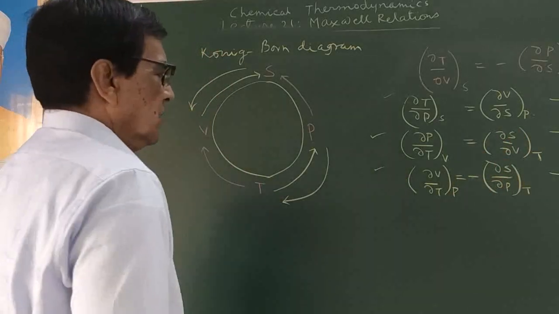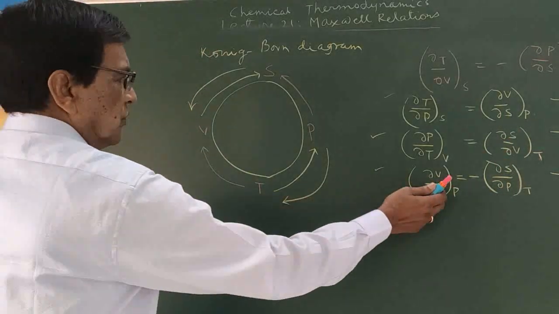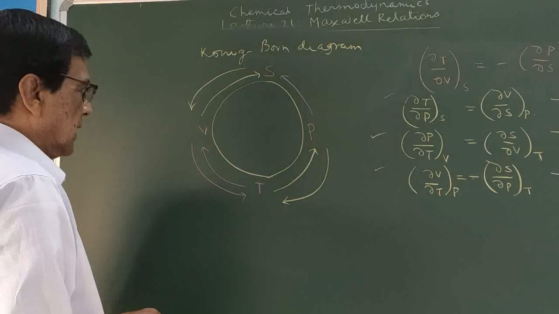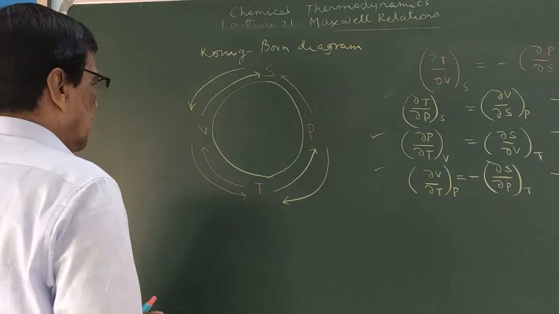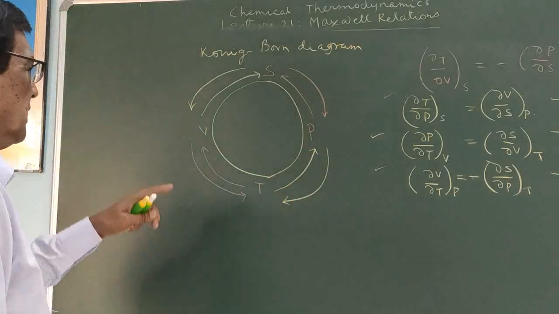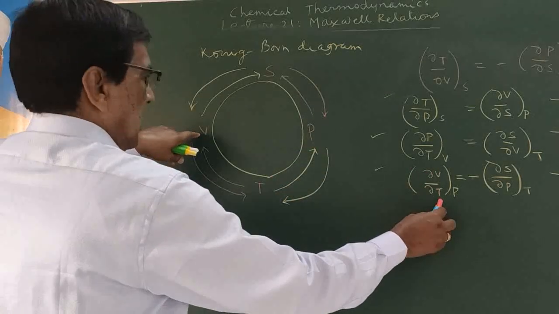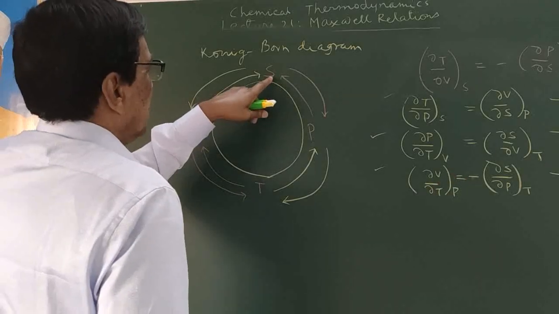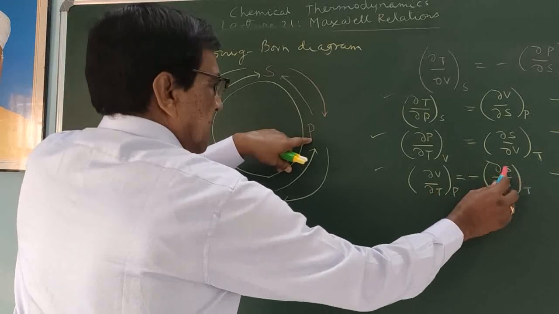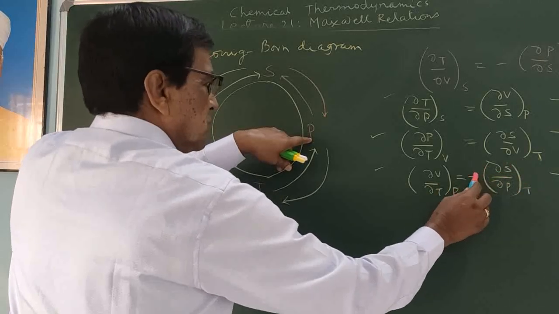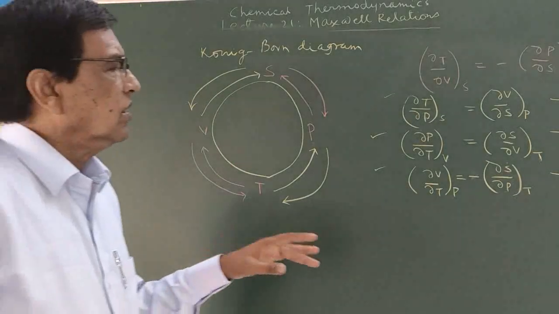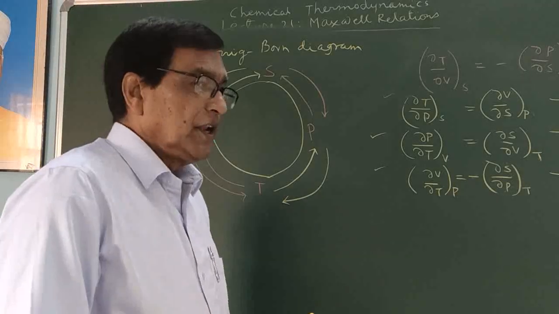Then the fourth one: V to T and S to P, diagonally opposite. So del V by del T equals del S by del P, and P is constant on both sides. SP is present in the numerator and denominator, so one negative sign. So this is a very easy way to memorize all these four relations.